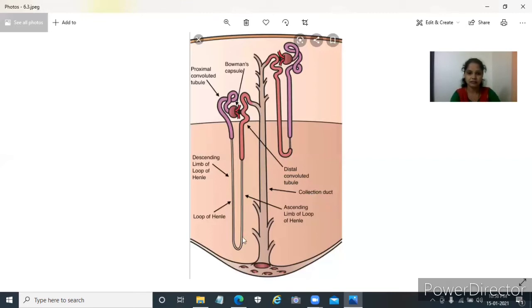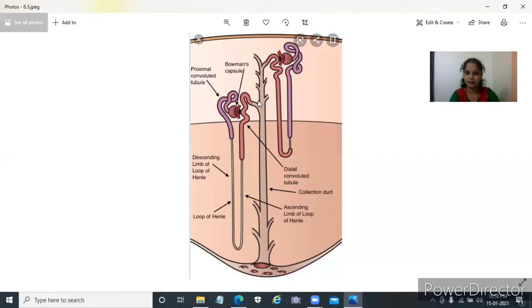Its total length is about 4 to 6 centimeters. The nephron is lined by a single layer of epithelial cells, meaning its wall is made up of only a single layer of epithelial cells. The nephron is the structural and functional unit of the kidney.